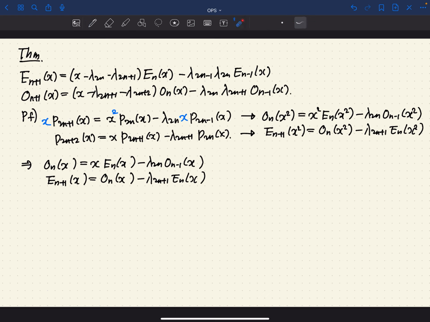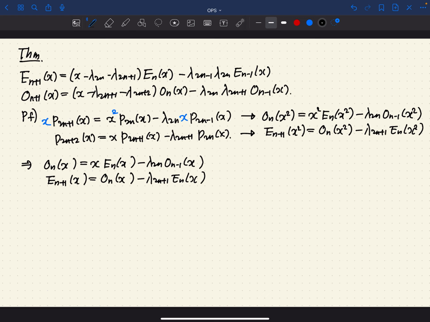All we need to do is solve this equation. We know we can write O in terms of E's, so if you plug in O over here and there, then you get a recurrence for En. And also if you write E in terms of O's and then plug in the formulas there, you get a recurrence for O. That's it basically, just to replace.